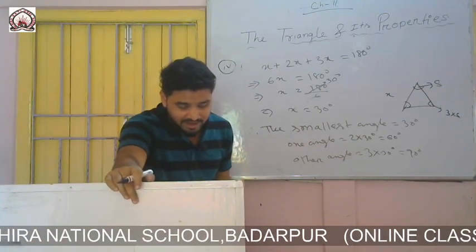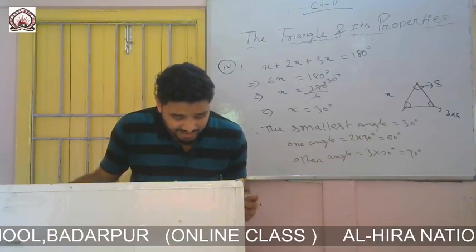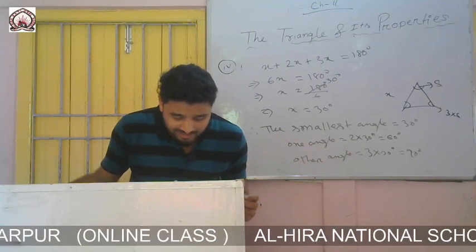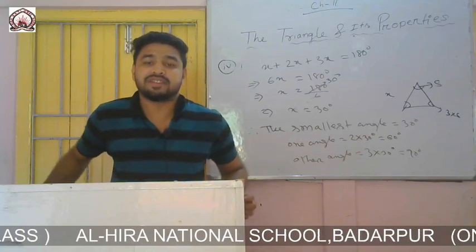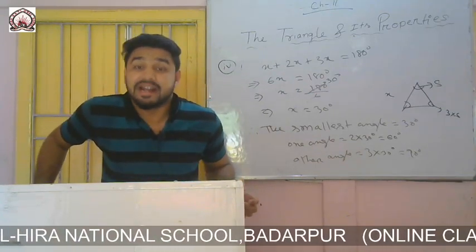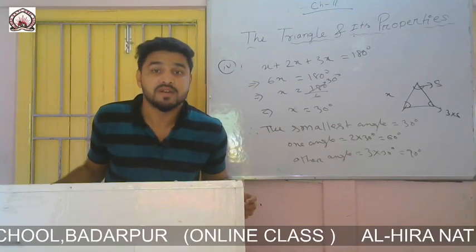Now come to question number 5. You see, if one angle of a triangle is 80 degree and the other two angles are in the ratio 3:7, that means the measure of one angle is given as 80 degree, and the other two are given in the ratio 3:7.